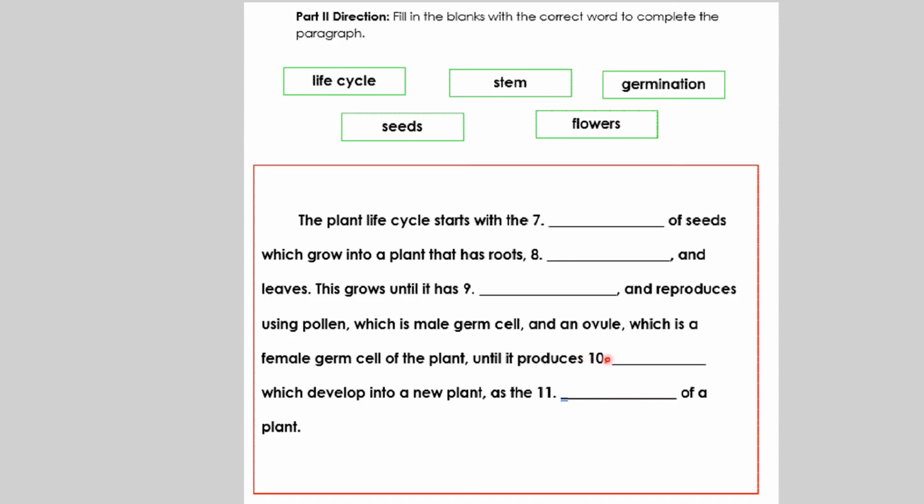Until it produces seeds, which develop into a new plant as the blank of a plant. Number 11 is what you call the events in the life of a plant that keep on repeating. So what do you call that one? It's 2 words.